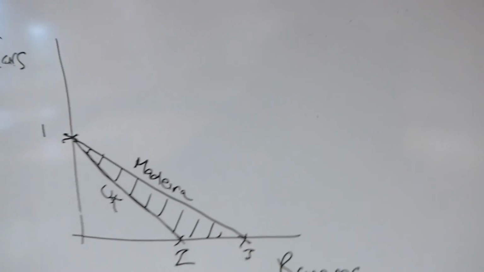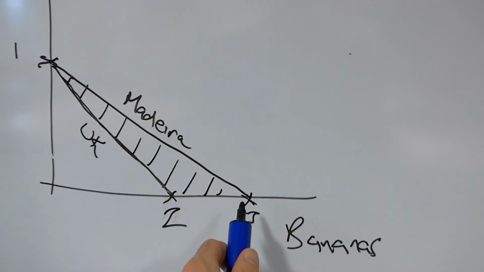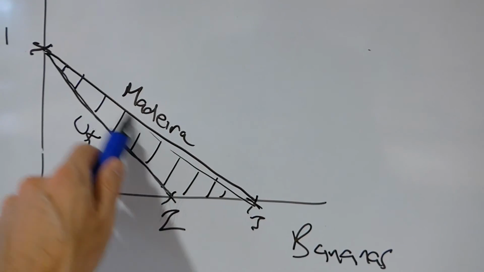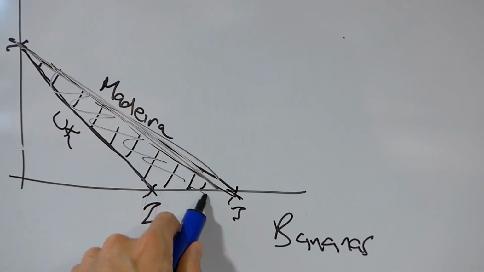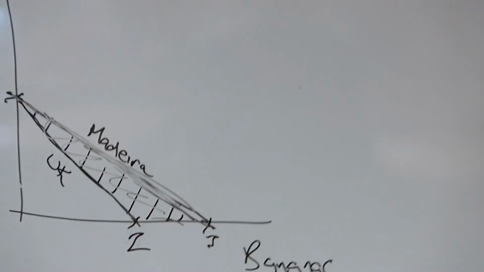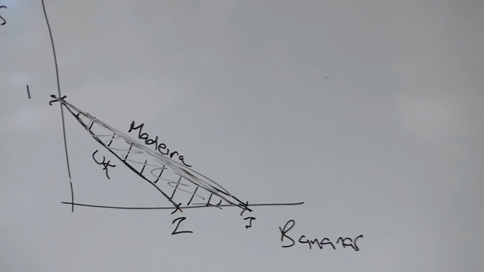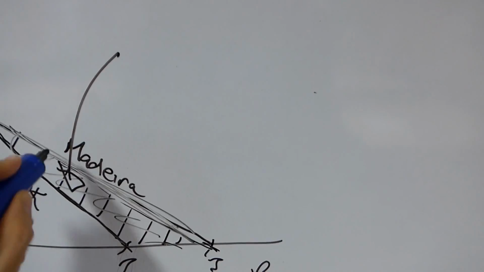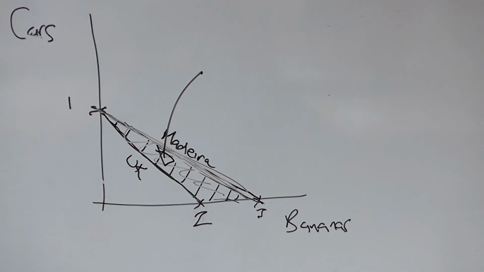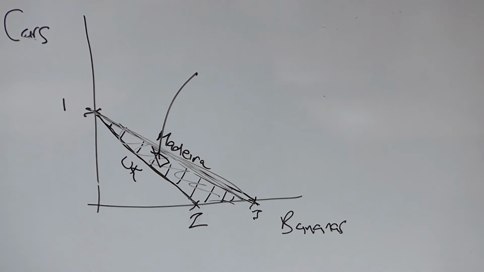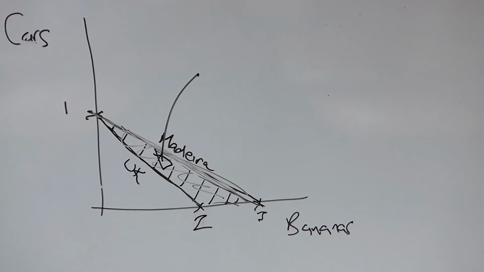And so on our trading possibility frontier, any trade which takes place to the left of their TPF, so basically anywhere in this shaded area here, will make Madeira better off. And so this area here, ladies and gentlemen, we would be describing as the area where mutually beneficial trade takes place.